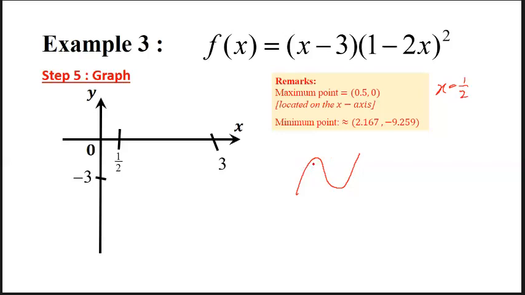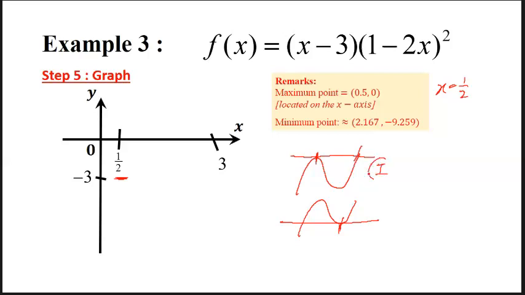And we notice that at the point x equals 1/2, it should be the extremum point. So when we try to put it into our graph, it can happen in the way that I have the extremum point located in this way, or I can have the extremum point located in the other way.